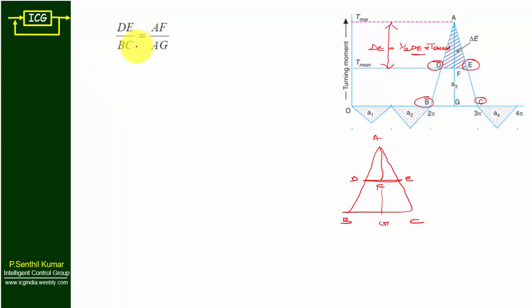That's what I have written here. Even you can take the bigger triangle base BC divided by DE, then AG divided by AF. But when you use DE first, then you use the corresponding height on the other side. So this is the ratio of triangles. Here my need is DE. So DE equal to AF by AG into BC.